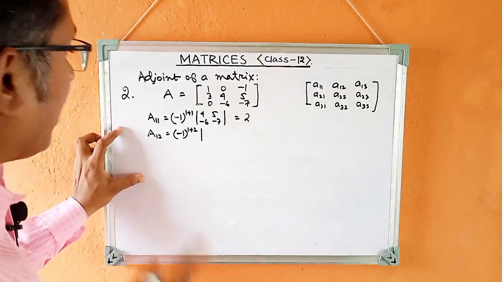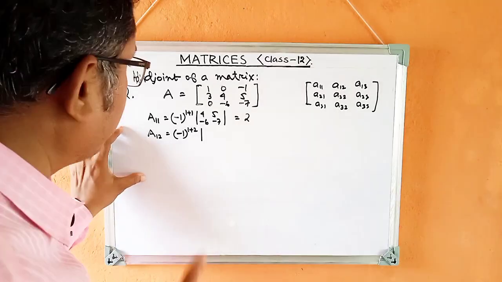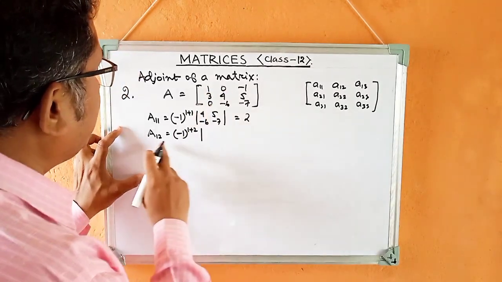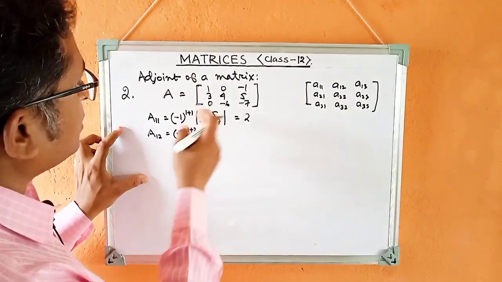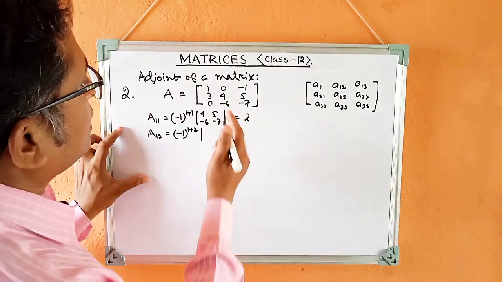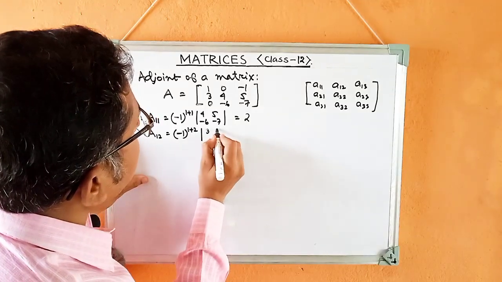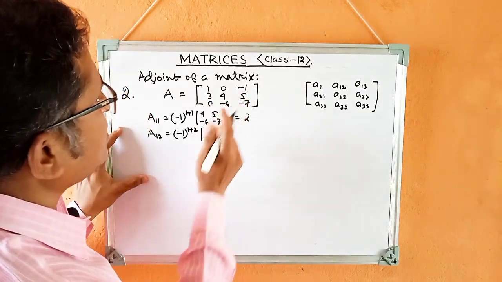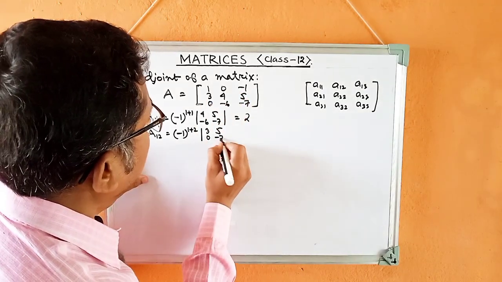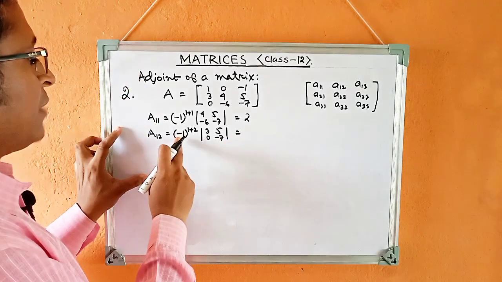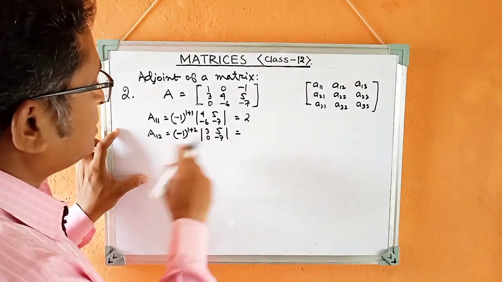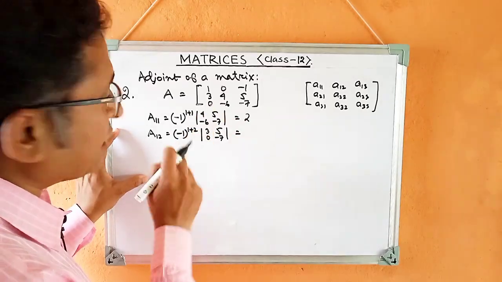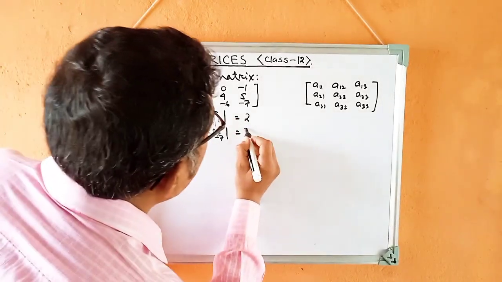Now for A12, eliminate the first row, second column. Minus 1 to the power 1 plus 2 into the determinant of 3, 5, 0, minus 7. So minus 1 to the power 3 is minus 1, then minus 3 times 7 is minus 21, minus 0, so minus 21. Here is also a minus, so 21.